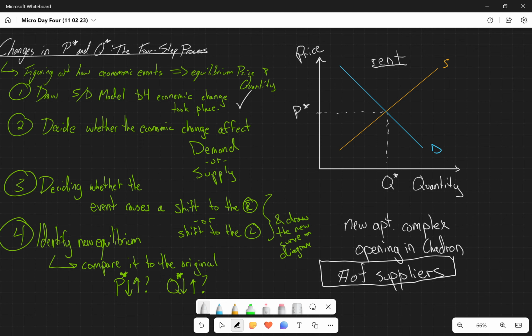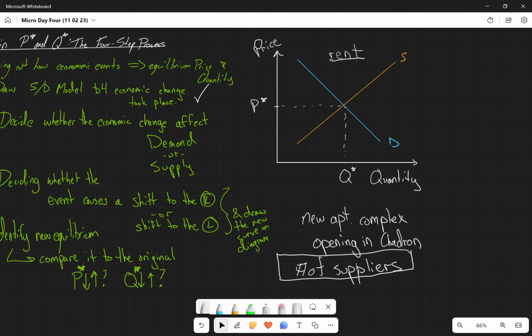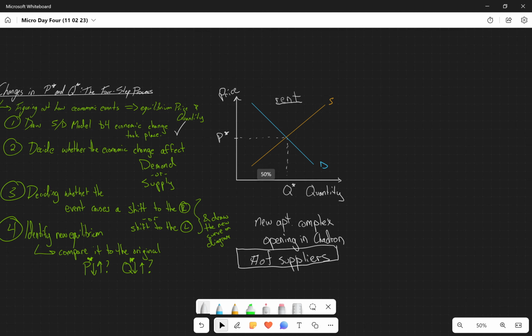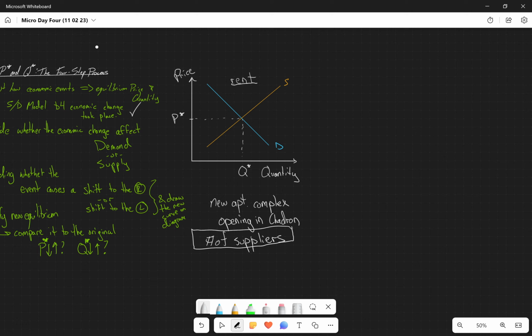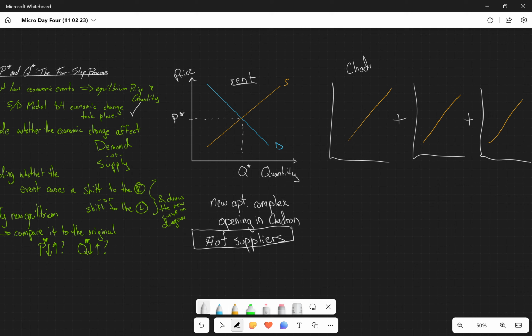The supply curve absolutely is a combination of all the individual supply curves, right? So we've got the Chadron apartments supply curve or whatever, and we've got Phil who rents his house.